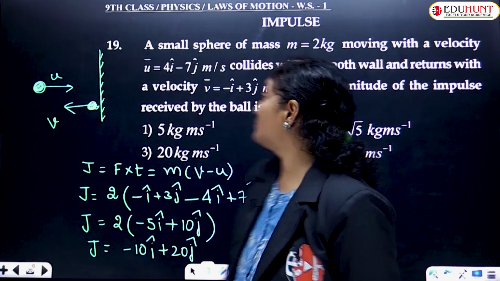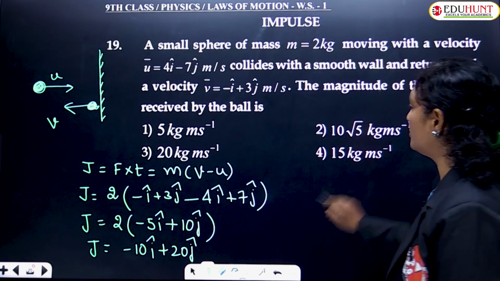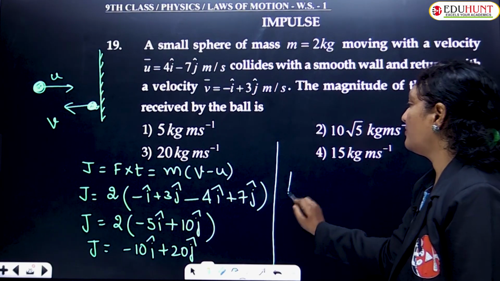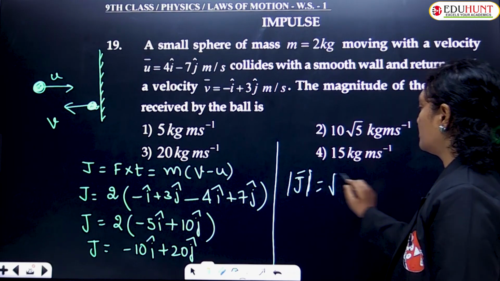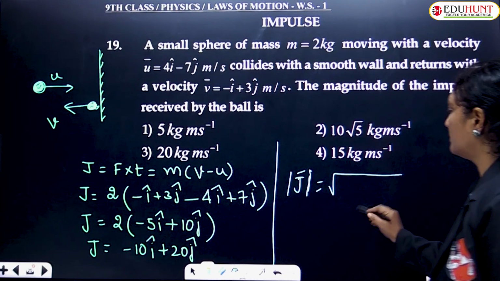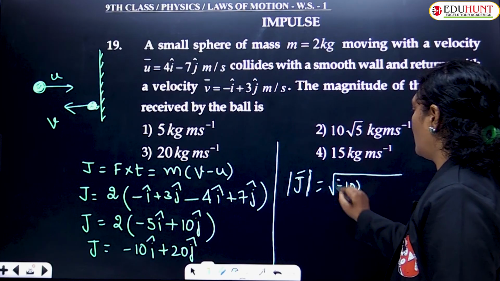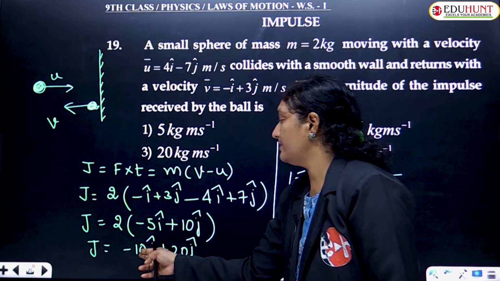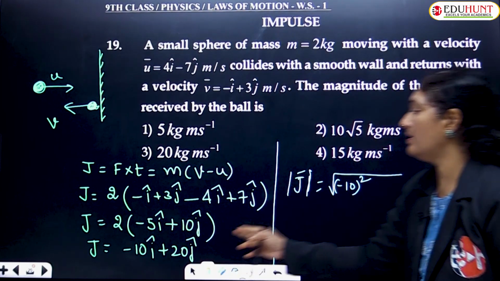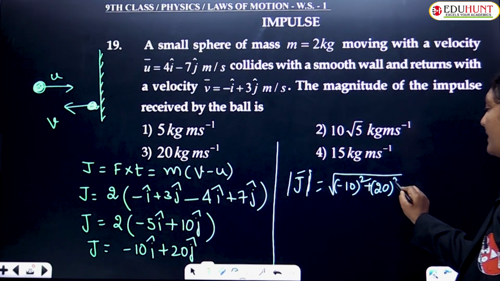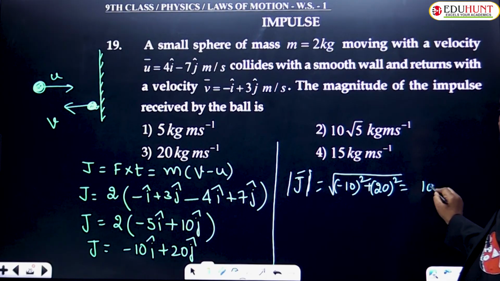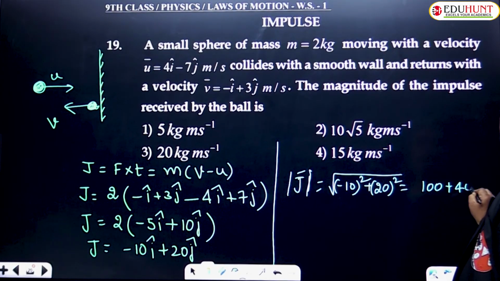But you are asked to find out the magnitude of the impulse. To find the magnitude, we take the root over the sum of the squares of the coefficients: minus 10 whole square plus 20 whole square. This can be written as root of 100 plus 400.